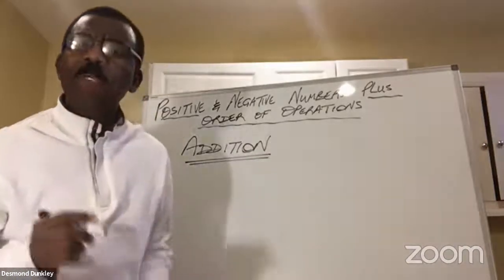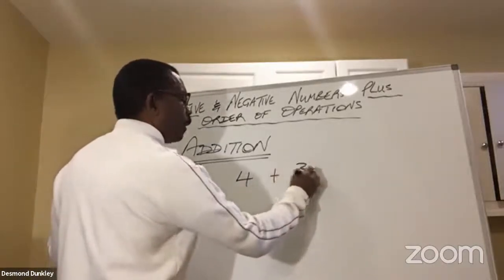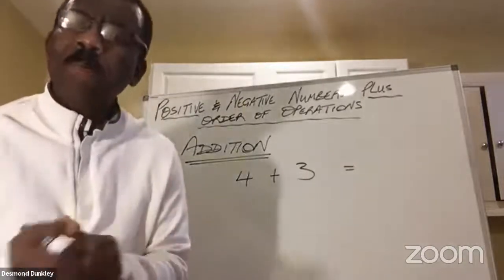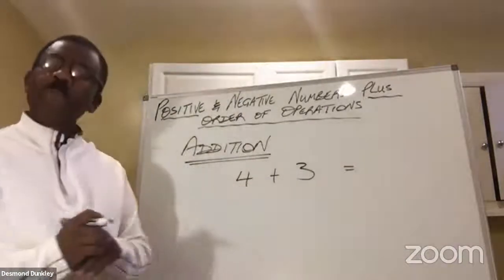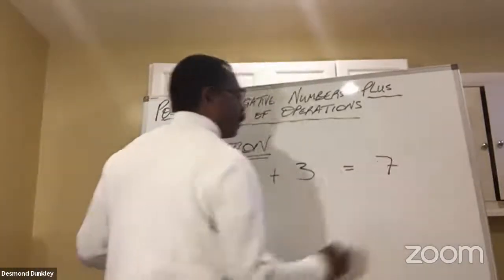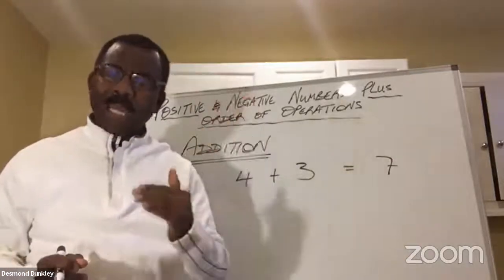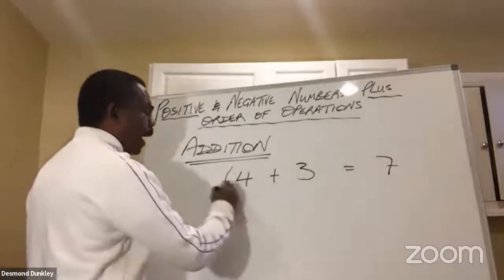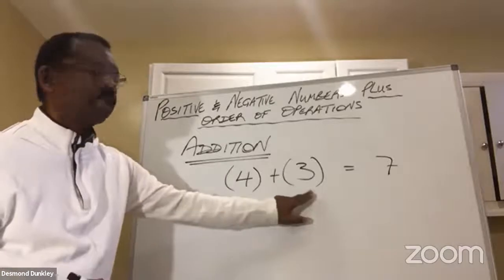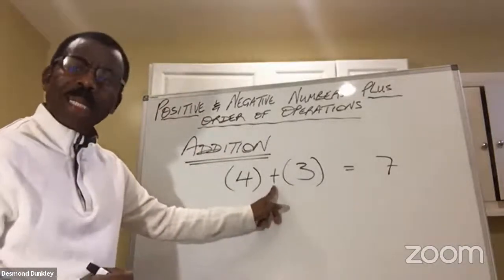I'm sure if I was to ask you, what is 4 plus 3? None of you would have any problem with adding those 2 numbers together. You say 4 plus 3 is 7. For the purpose of our conversation having to do with positives and negatives, sometimes you might see your numbers put in parentheses with your operation in the middle.